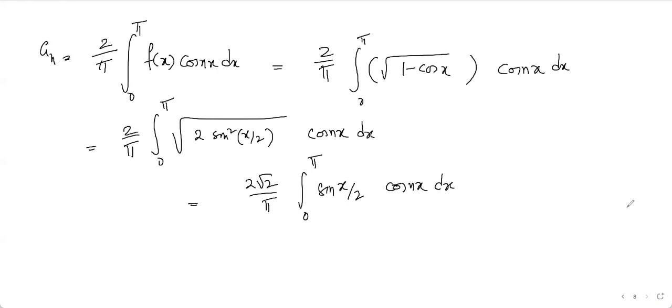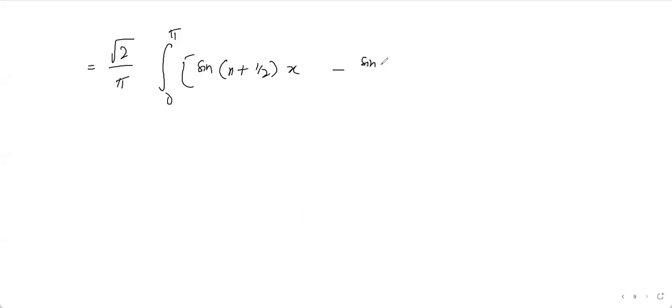Now this is of the form sine a cos b. Let us substitute those. This is root 2 by pi integral 0 to pi of sine of (n plus 1 by 2) x minus sine of (n minus 1 by 2) x, dx.